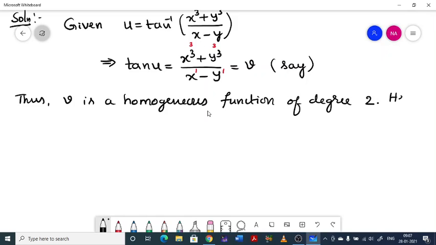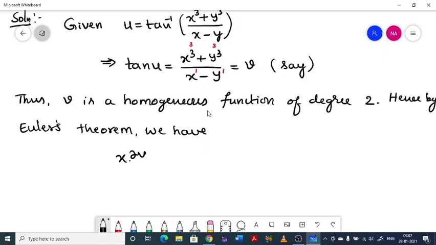Hence by Euler's theorem, we have x into dou v by dou x plus y into dou v by dou y equal to 2v.